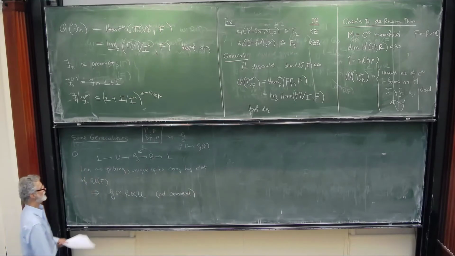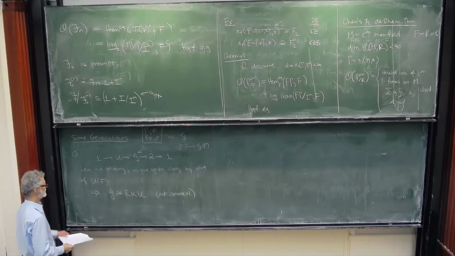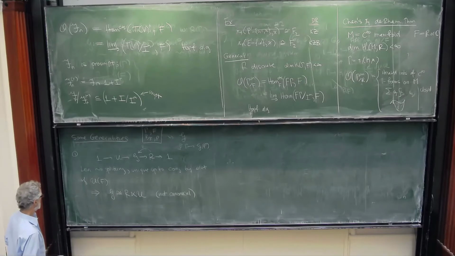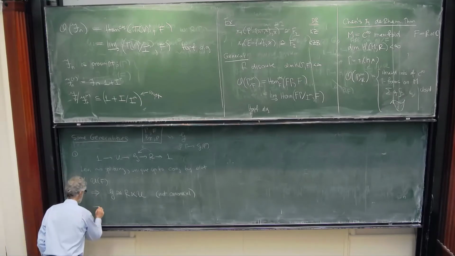And sometimes the motivic theory will single out a canonical splitting in the de Rham case, for example, but it requires proof.